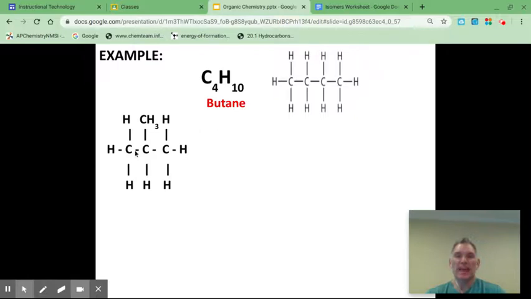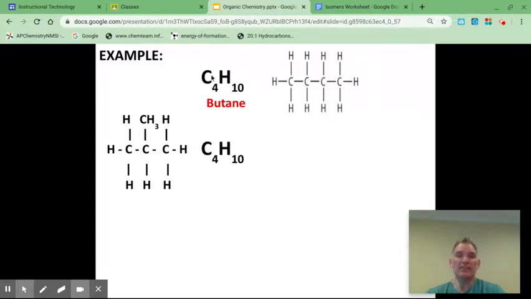So if I count 1, 2, 3, 4 carbons, good. 1 and 3 is 4, 5, 6, 7, 8, 9, 10. This is also C4H10. So notice, the isomer definition holds true.